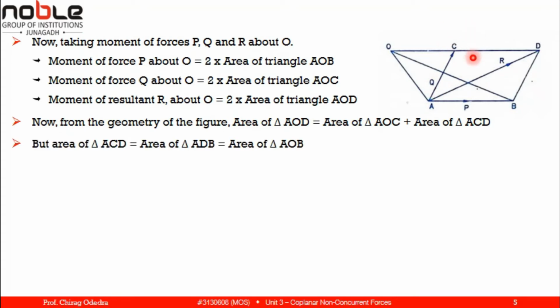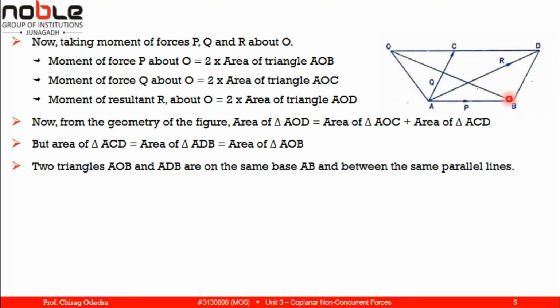We all know that the area of triangle ACD is equal to the area of triangle ADB, and that is also equal to the area of triangle AOB, because triangles ACD, AOB and ABD are on the same base AB and between the same parallel lines.